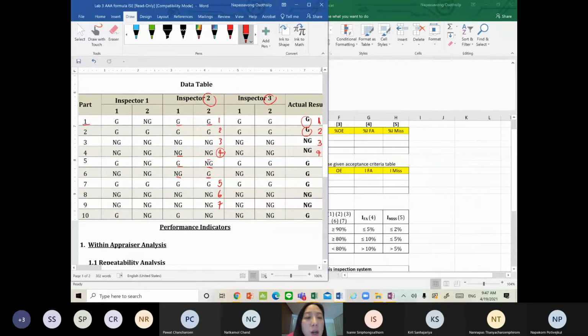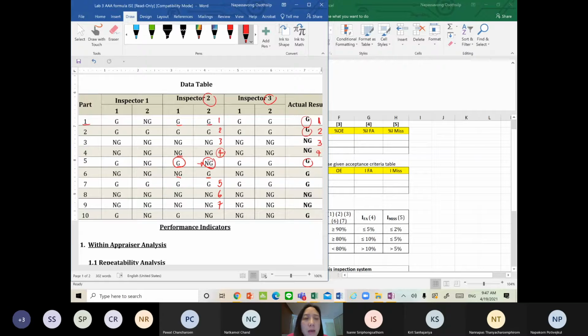If the results are not consistent, like G and NG, if you take a look at the correct result, the first time he tells correctly, right? But the second time here, he tells incorrect result, okay? So for this indicator, we are looking at the number of parts that are correct compared to the total number of parts.